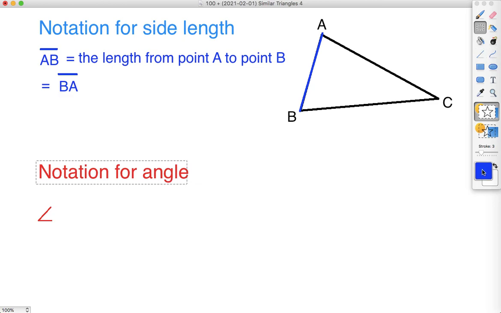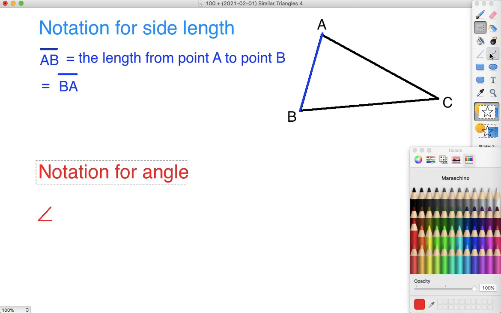So, for example, the distance from here to here, that is an angle right there. This right here is a symbol for an angle. And if I wanted to talk about that angle right there, there are a couple different ways I could do this.